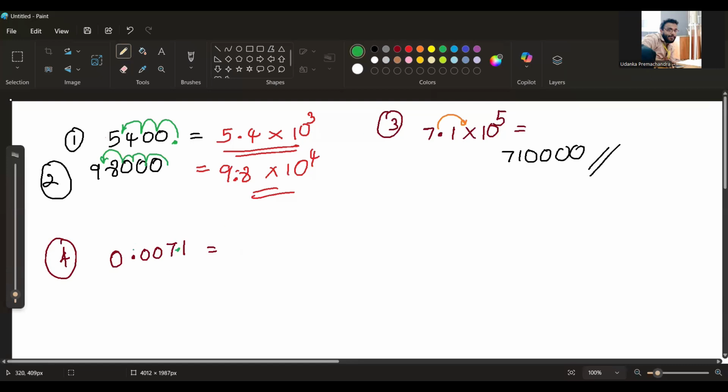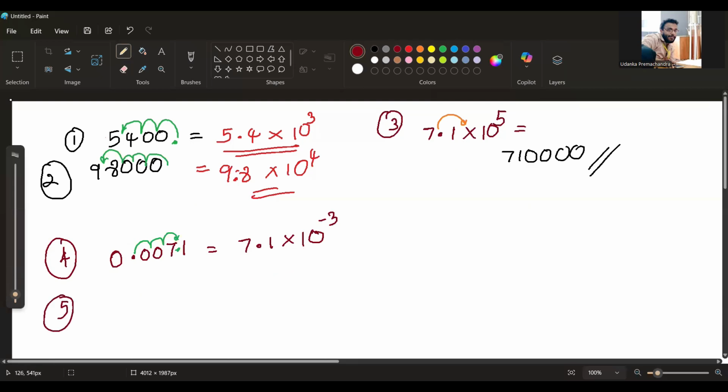Into here. That means how many times? 1, 2, 3 times to the right side. If you move to the right side, it should be 7.1 into 10 to the power -3. Is that clear?